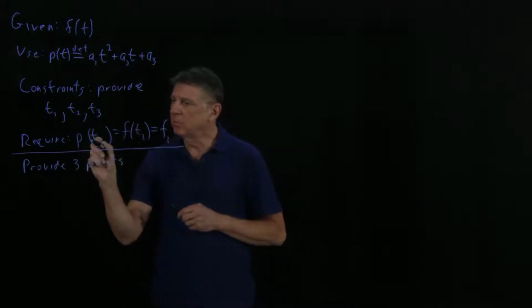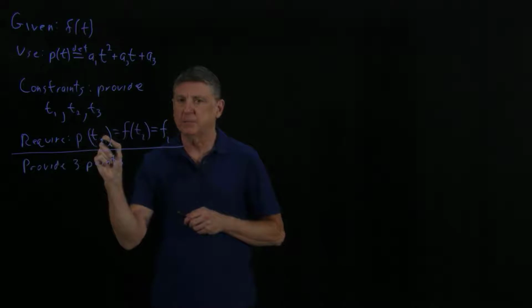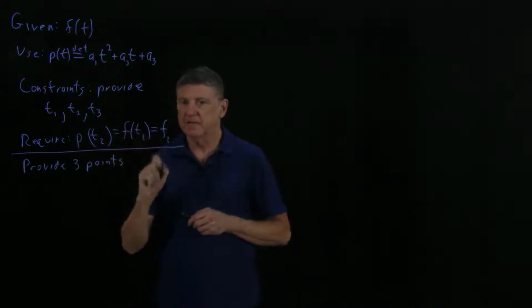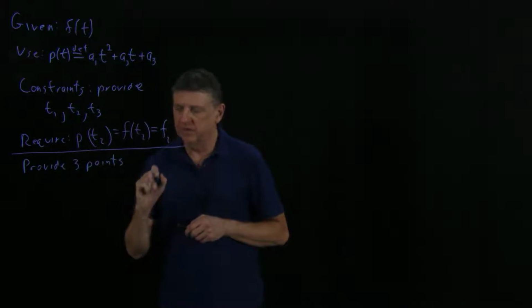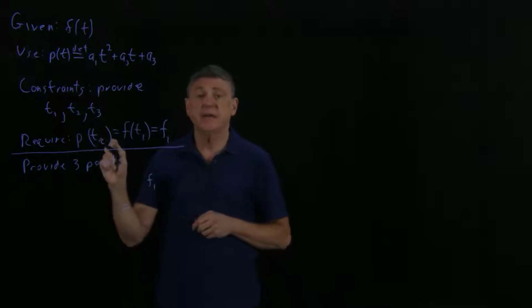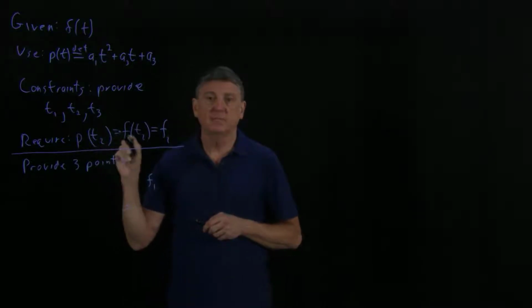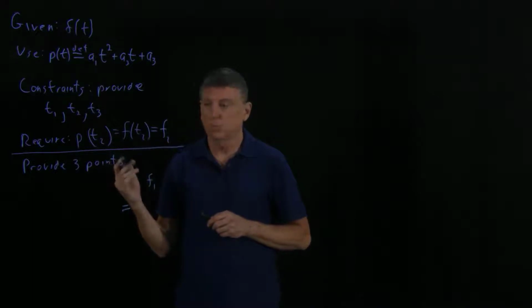If we now write this out, the polynomial evaluated at point 1 has to equal f1. I'll put the f1 here as known, and I'm going to have an equality. I can see ahead of time that I'm going to have multiple numbers, and I'm going to gather these into some vector form.